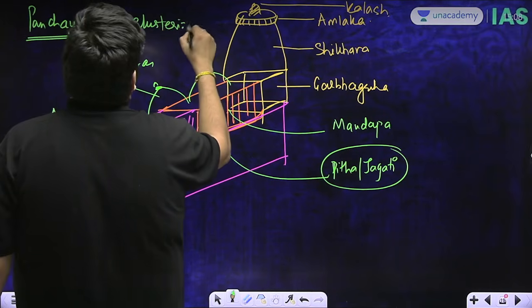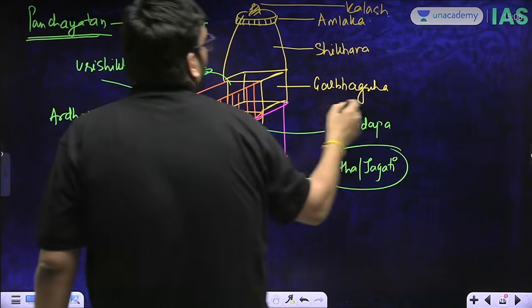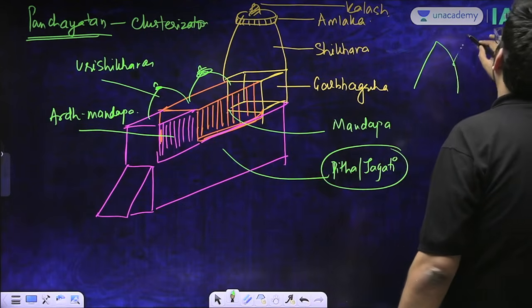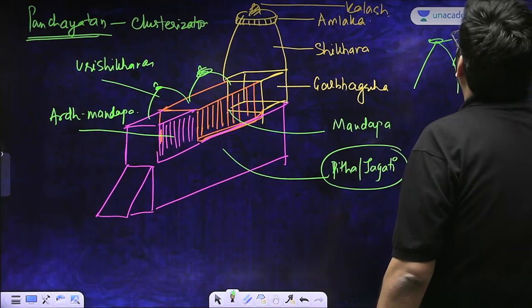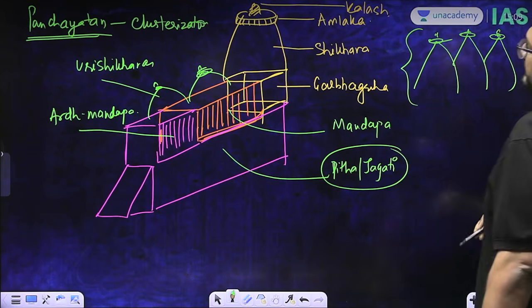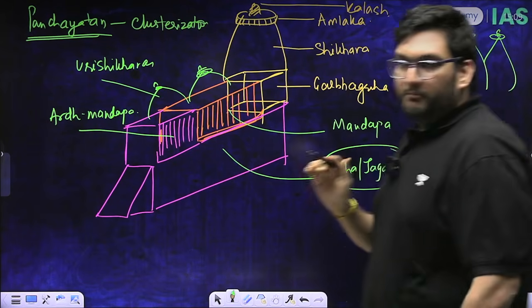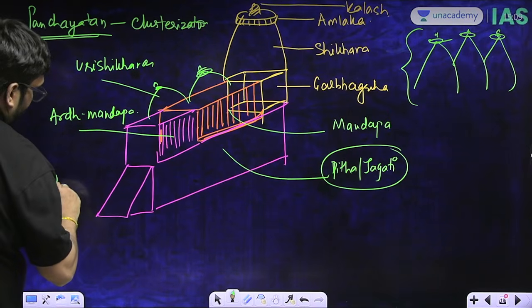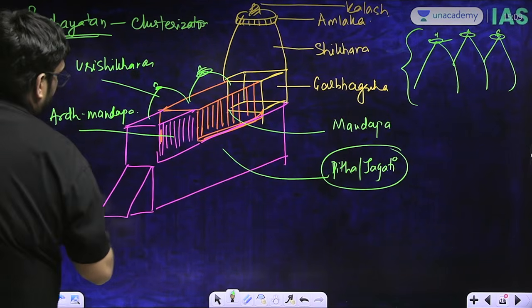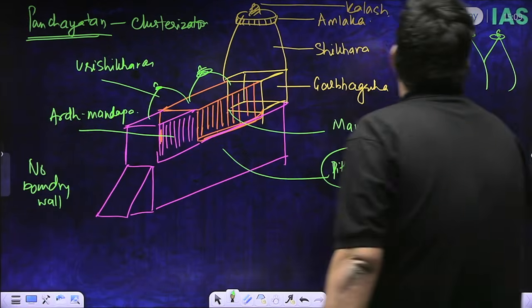What does clusterization mean? That a lot of these shikhars are actually clustered together when there are multiple shrines. This is a very interesting feature of Nagara. There is no boundary wall. There is no water tank.